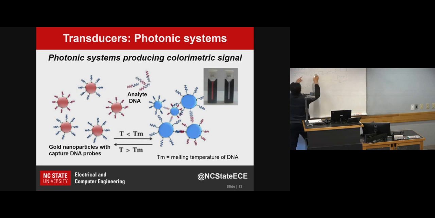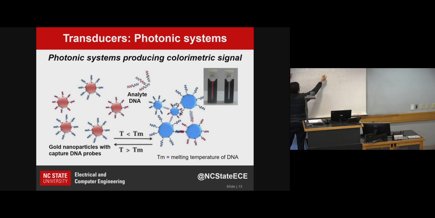And this one, I take another gold nanoparticle, and this is CCC. So if in a solution I have these particles, they are not going to interact with each other because they don't have any affinity, right? They don't have any tendency. So these gold nanoparticles are going to be separate from each other and they will maintain their red color.